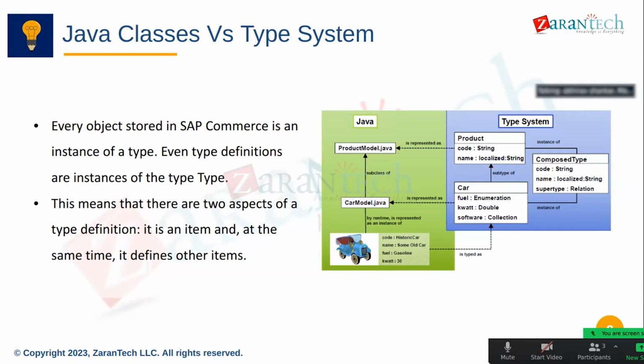There are some super classes, like parent classes and subclasses. The same concept is in SAP Hybris also. You will understand, don't worry. When we go for the item.xml, then I will explain more.